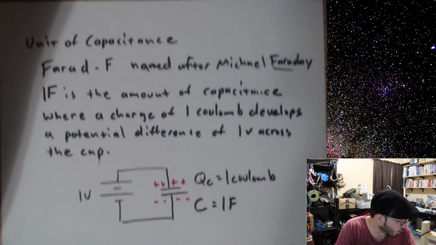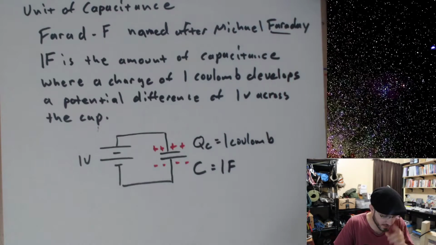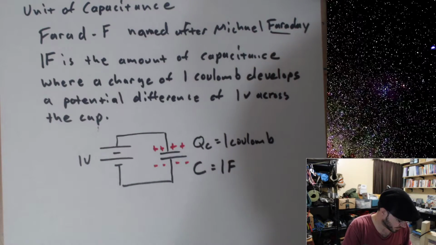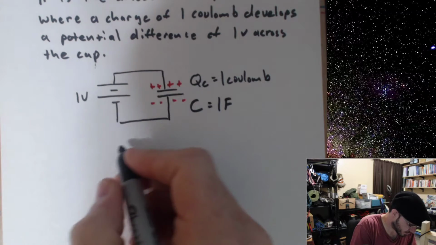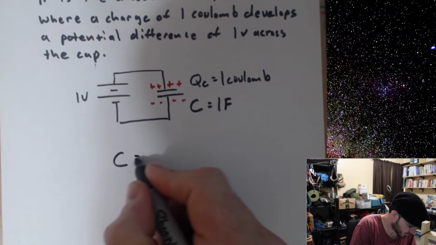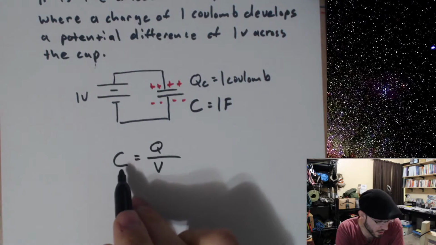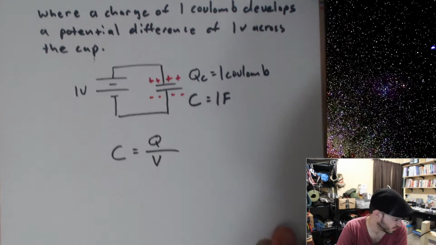Okay, and now we have a relationship between capacitance, charge, and voltage. Okay, so capacitance equals charge divided by voltage.